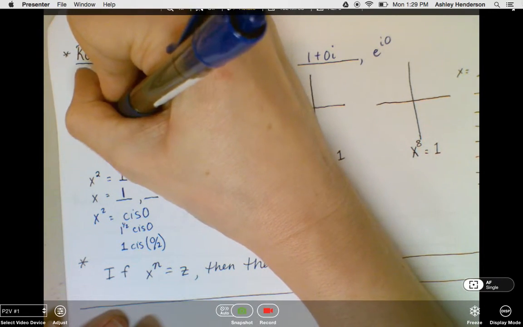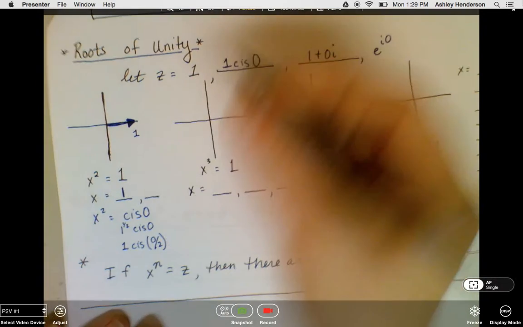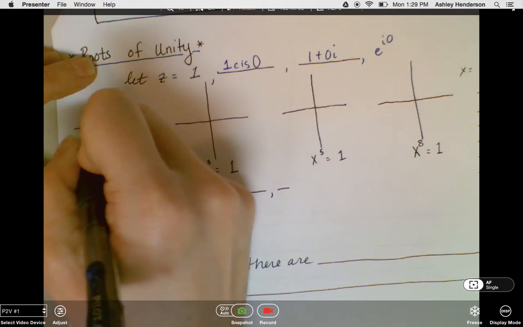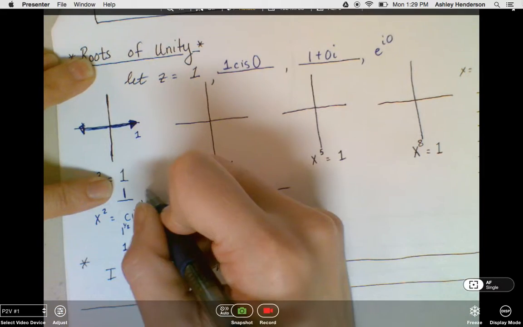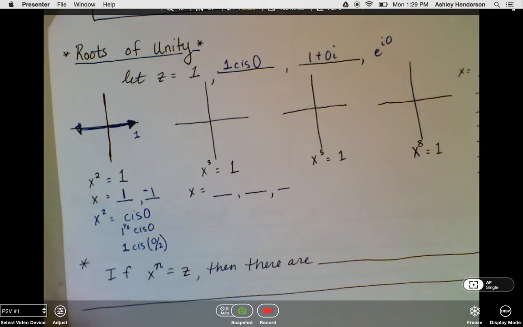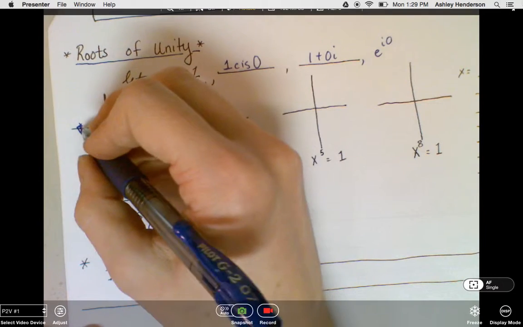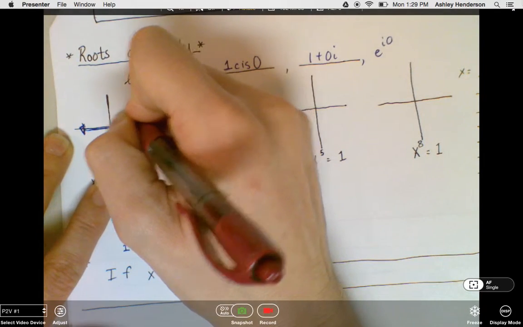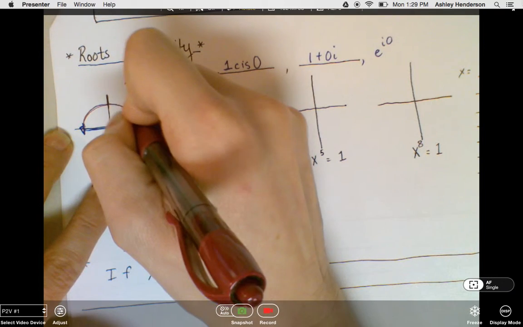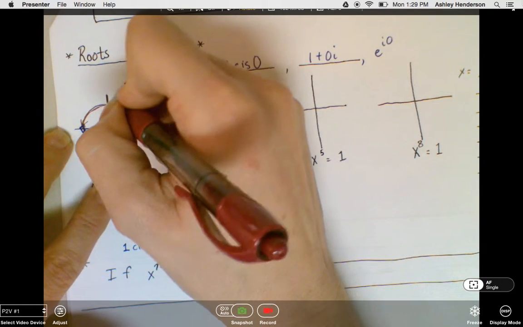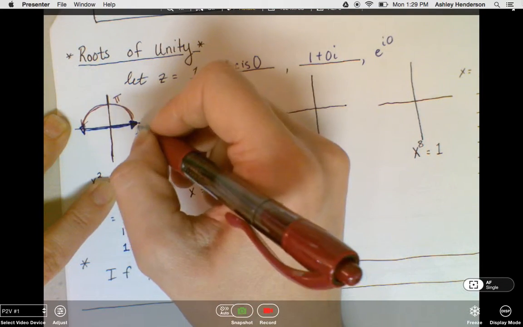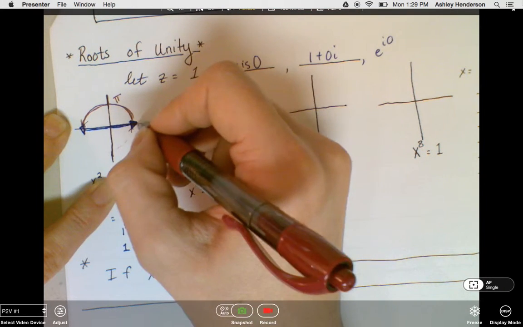And then we know from previous experience or from our activity the other day that our other answer is -1. Because -1 squared puts us back. So here we have a theta of pi, and pi times 2 brings us back to our end point.